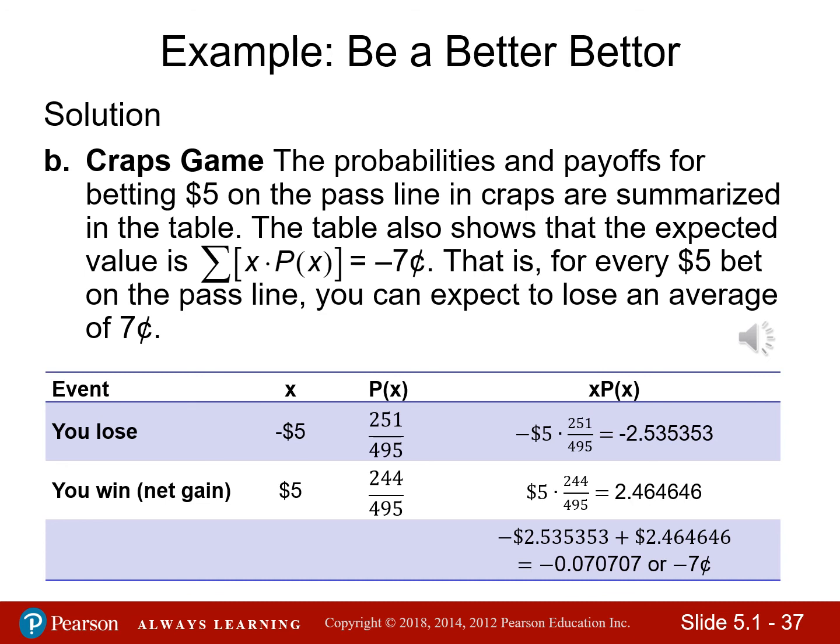For the craps game, the probability and payoff for betting $5 on the pass line in craps is summarized in this table. The table shows that the expected value is negative 7 cents. So that is to say, for every $5 bet on the pass line, you can expect to lose on average 7 cents.